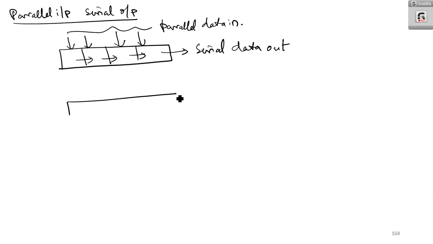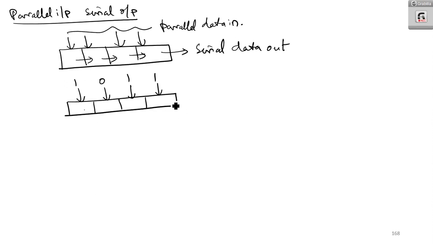Say I give you an example. I am having 4 flip-flops. Say I am having 1 as input here, 0 as input here, 1 as input here, and this 1 as input here. Now in the first clock pulse, what happens?